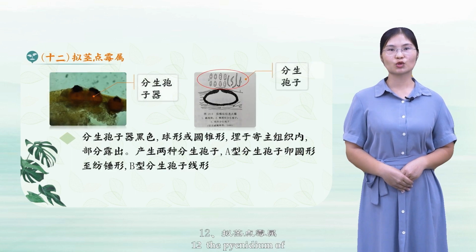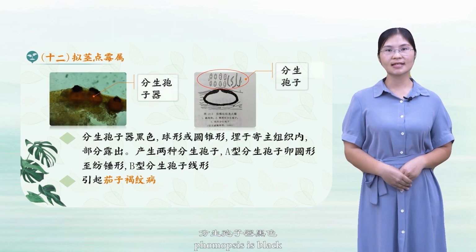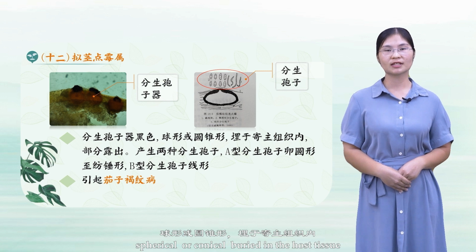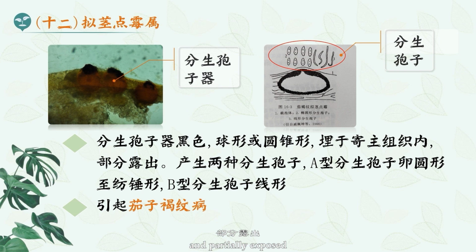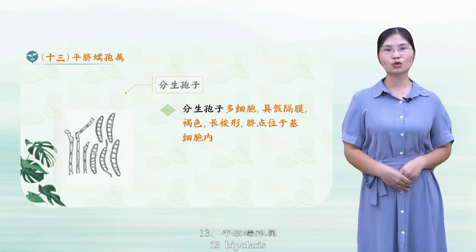12. The pycnidium of Phomopsis is black, spherical or conical, buried in the host tissue, and partially exposed. It produces 2 types of conidium. Type A conidium is ovoid to fusiform. Type B conidium is thready. It can cause brown stripe disease of eggplant. 13. Bipolaris.